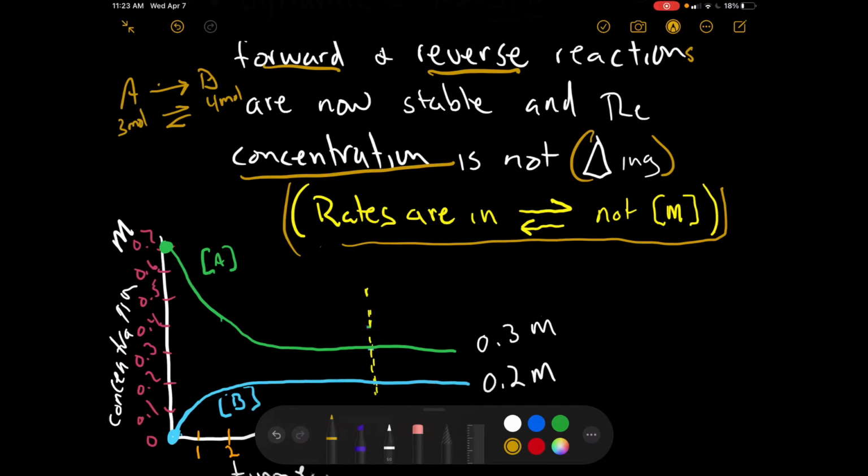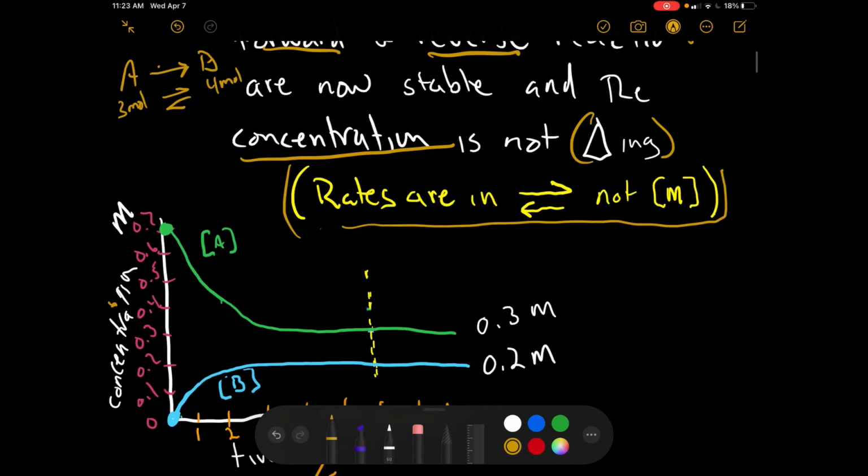So visually, let's illustrate it like this. We have a graph, and this graph is displaying a chemical reaction, A turns to B. On this side you have the concentration values, and reactant A starts off at 0.7, and that's molar concentration.